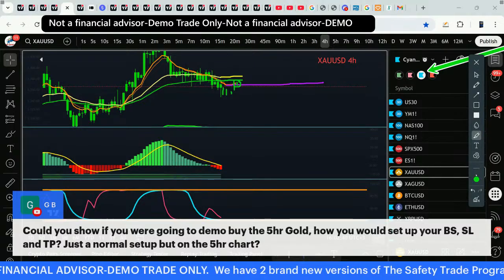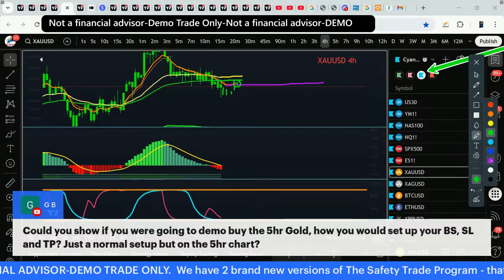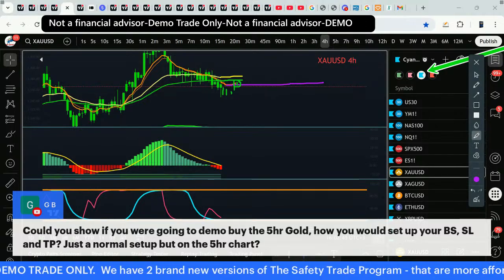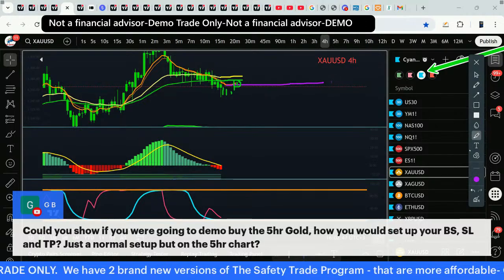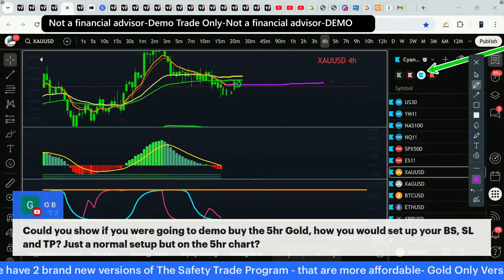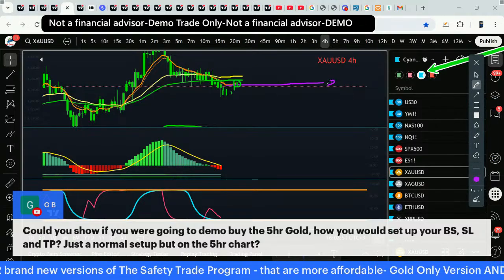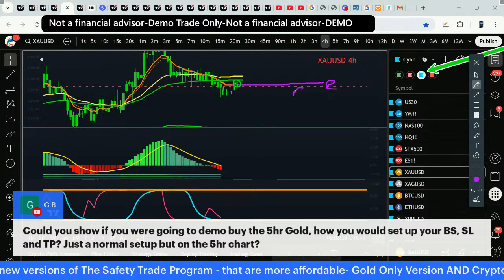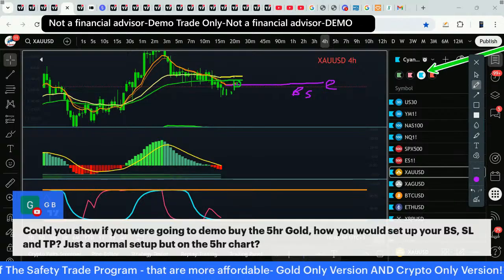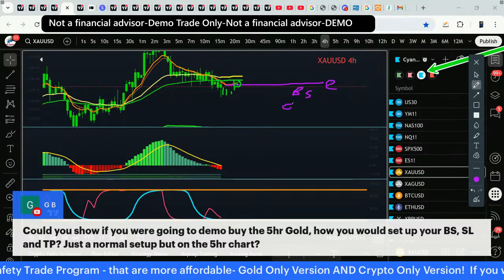So is everyone clear on how to spot the trade? And then your entry line, your buy stop, oopsie, hold on. Your entry line, your buy stop is off price action going above the orange line.